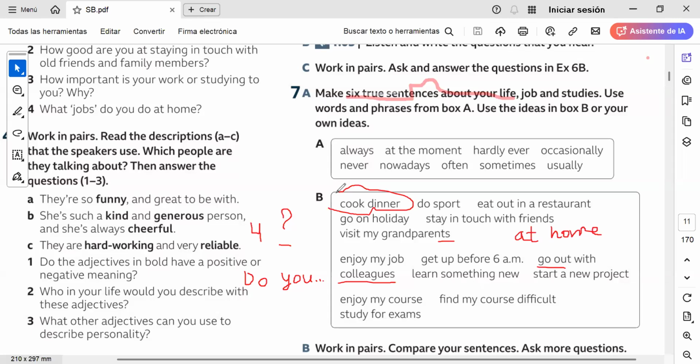Elizabeth, do you stay in touch with your friends? Yes, yes. Usually I send voice notes.